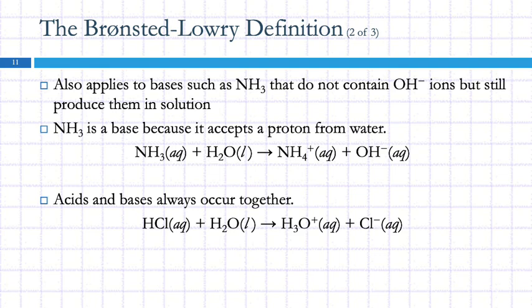They dissociate, and there are hydroxide ions that are the base. Well, this is what happens with ammonia. Ammonia is a base because it will accept a proton from water. So we put ammonia in solution, dissolve it in water, and the water will donate a proton to the ammonia. That produces the ammonium ion and the hydroxide ion.